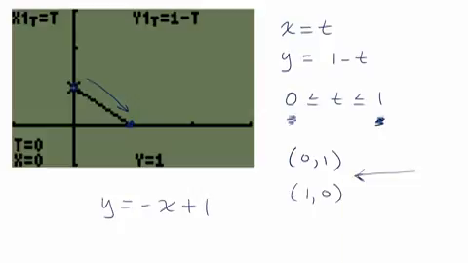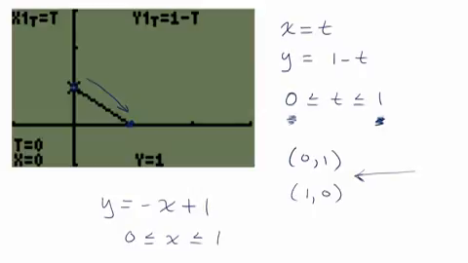Therefore, the graph y equals negative x plus 1, allowing x to go from 0 to 1. So the portion of the Cartesian equation y equals negative x plus 1 from x equals 0 to 1, that is the portion of a Cartesian equation that is traced by the parameterized curve.